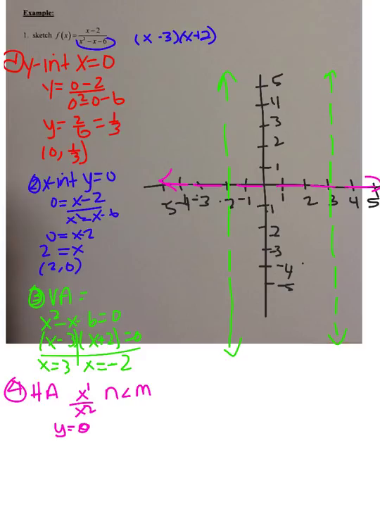Okay, so I know that my graph will cross at (0, 1/3), so that's about right there. (2, 0) is my x-intercept. And now I have to get some other points to plot.